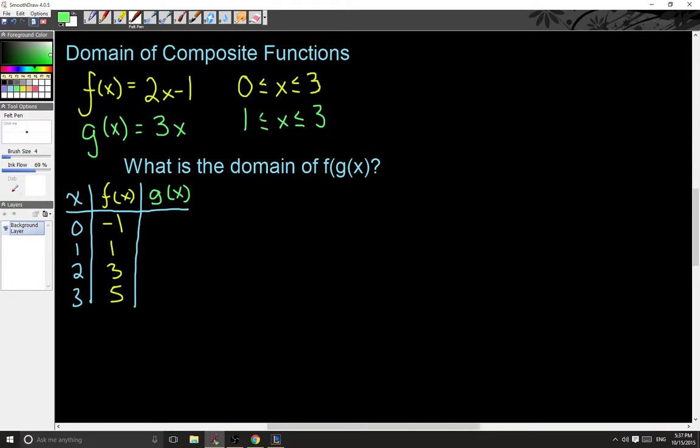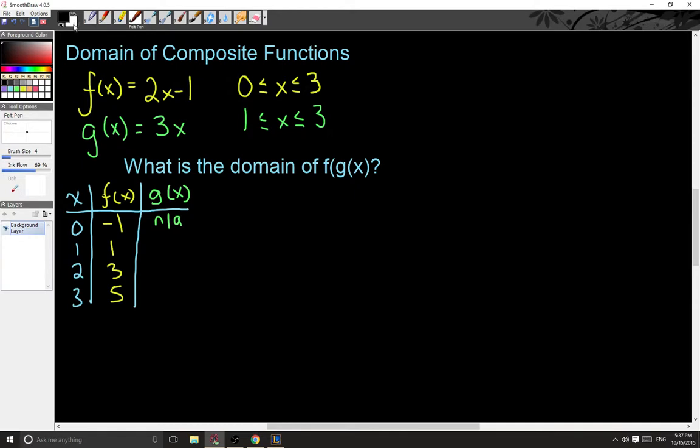So for our g of x, we have the 0 in our graph here, but notice we're not actually allowed to plug in 0 because of our domain restriction. We're only allowed to plug in values between 1 and 3. So here I'll just write not applicable. It just means there's no value here for this.